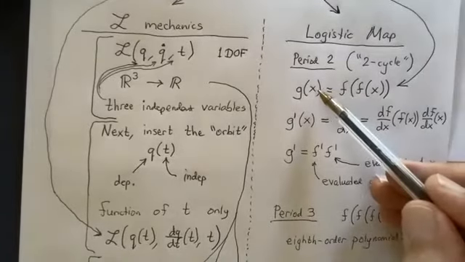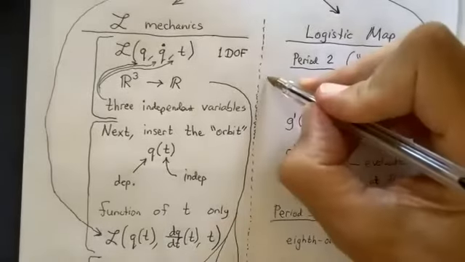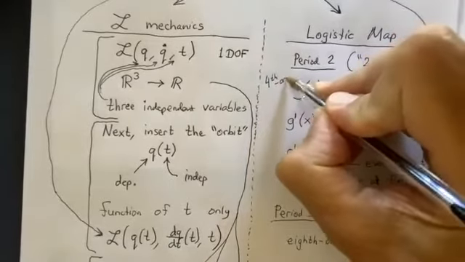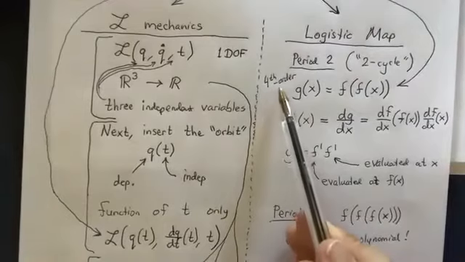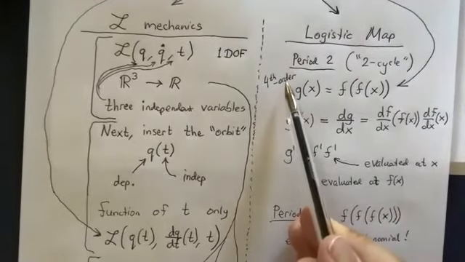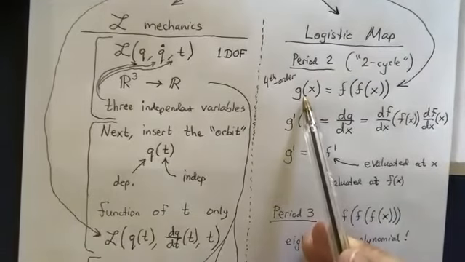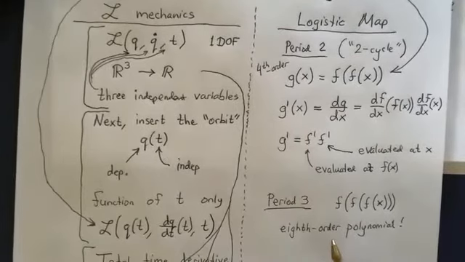So notice that this g of x is a 4th order polynomial. Okay, and I put that here as a little remark. I understand it's hard to read because I wrote too small. But this g of x is a 4th order polynomial, okay? And this one here is an 8th order polynomial.